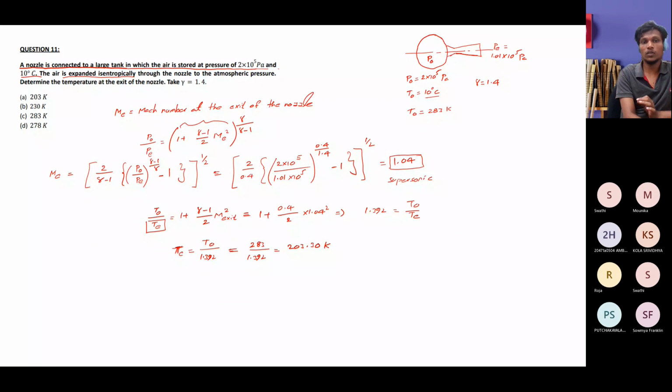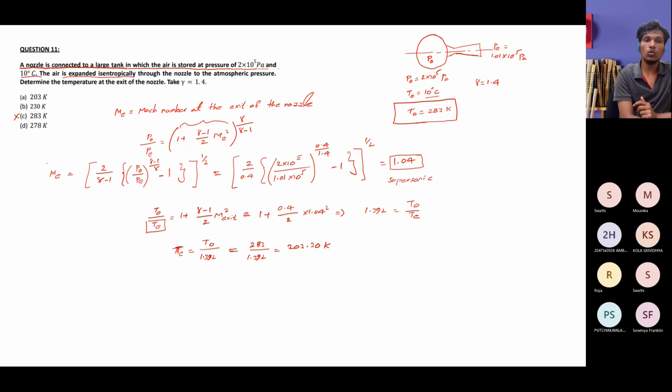So it's not blind, it is theory. Once you understand the flow characteristics properly, you can estimate that definitely the temperature should be lower than 283 Kelvin, somewhat below the given temperature. It can be anything under 283. So this is not the option.